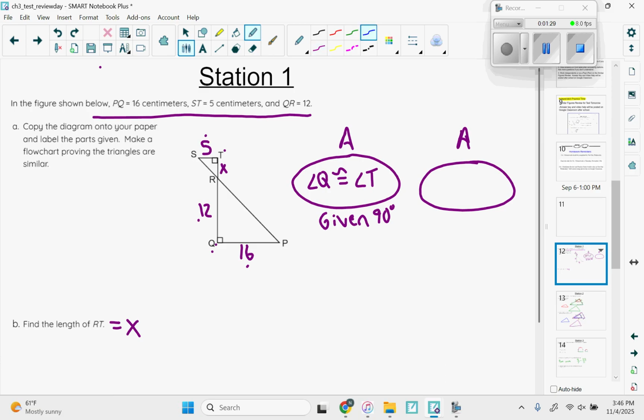And I notice we have vertical angles here by the letter R. So when we do vertical angles, we need to remember we use 3 letters to name them. And so I'm going to name one of the angles as SRT. And that is congruent to, let's do it in the same order, PRQ.